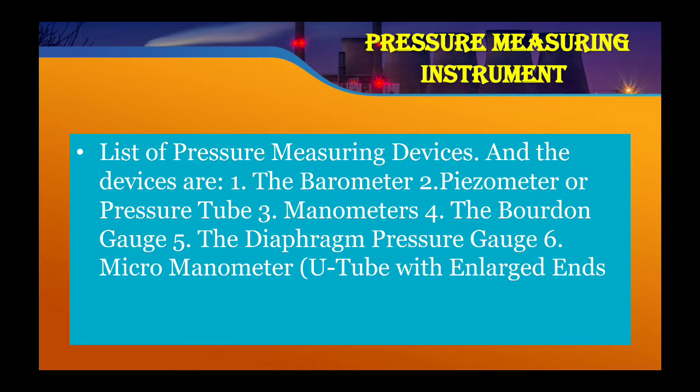So these six are the names of the pressure measuring devices. In today's lecture, we are going to discuss the different types of barometer. The first one is the barometer.